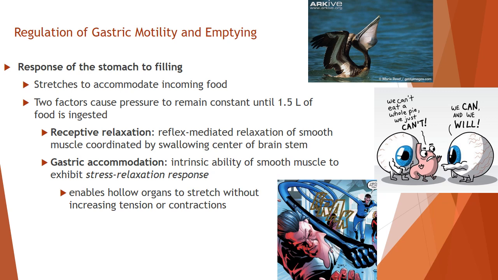It allows these organs to stretch without increasing tension or contracting. Smooth muscle, almost by definition, can stretch in this way, and it's fine. And then the body also sends some signals down: okay, relax, take in all this extra food and don't go crazy here. So it's got that option.